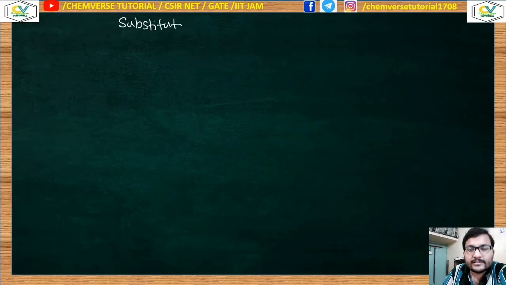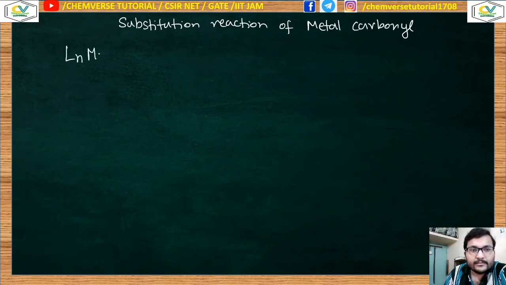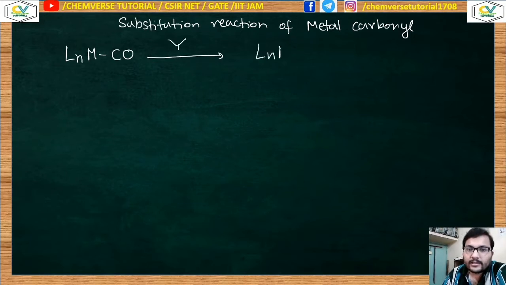So let's move on to our mechanistic pathway, and we are discussing the substitution reaction. Substitution reaction of metal carbonyl. Suppose I am taking this molecule as our substrate and I am giving you another ligand, some ligand Y, and the product I am getting is something like this, where Y substitutes carbonyl.